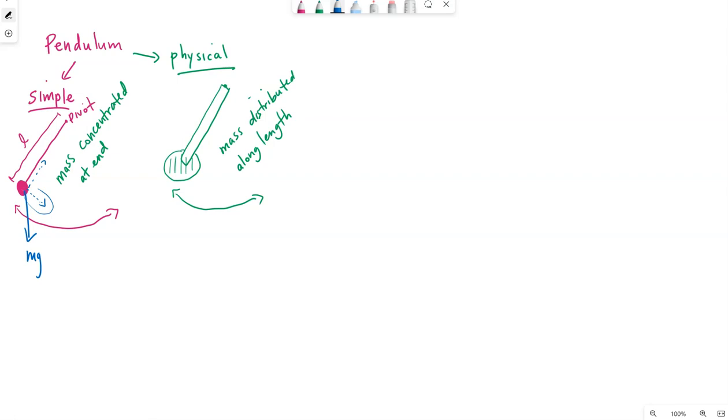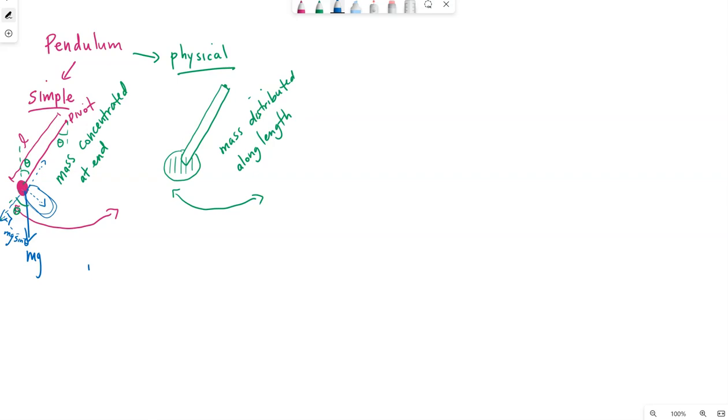So if we talk about our angle in here, let me draw an angle. The angle that the pendulum makes with the vertical, we could draw it down here as well. So if we were to draw these components of gravity, remember they have to meet at a right angle, this component here would be mg sine theta.